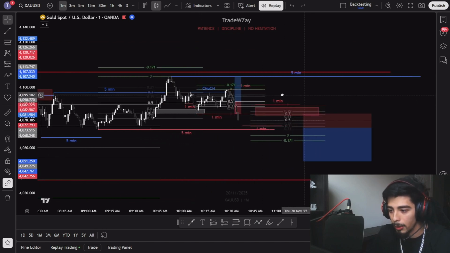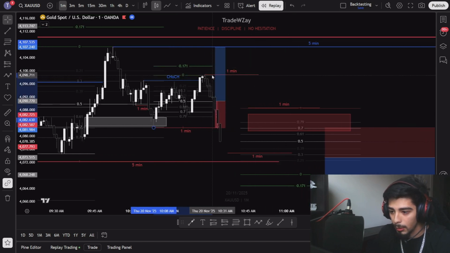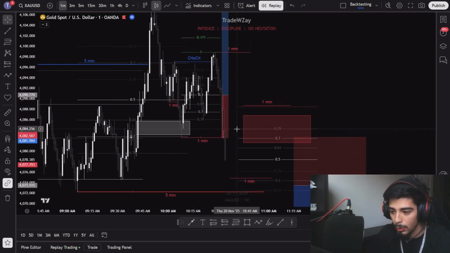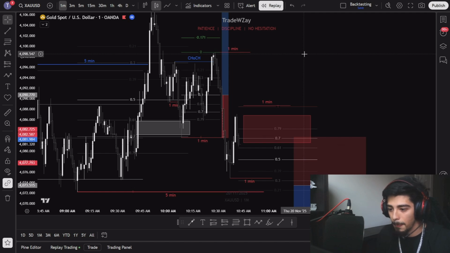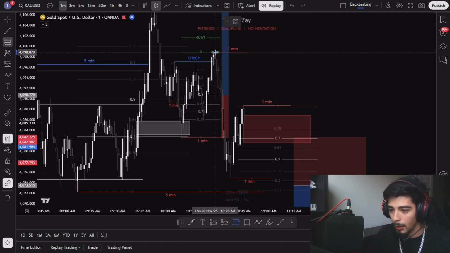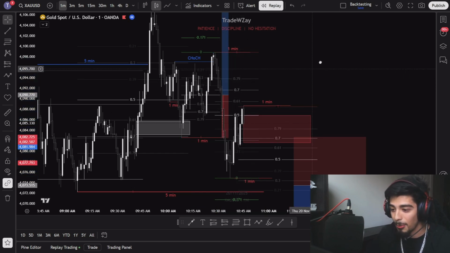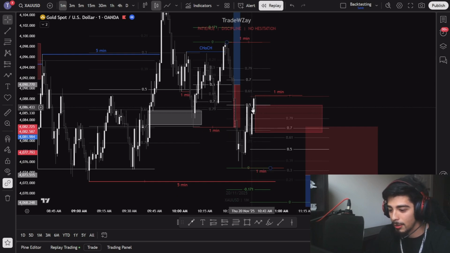So here I'm like, okay, cool. I let price drop and I let it pull back up, and I drew a fib from here to here. It's already getting late, like 10:45-ish.